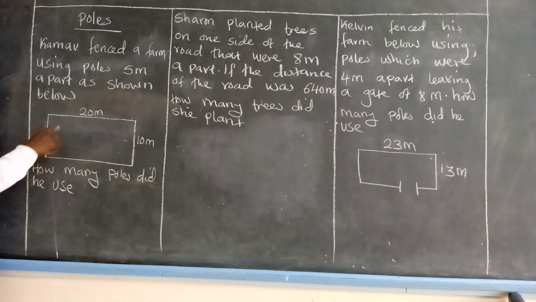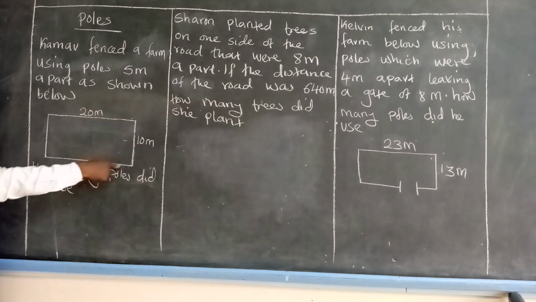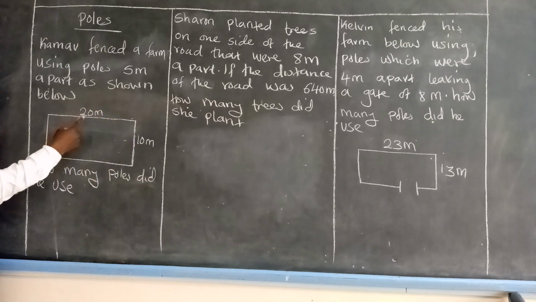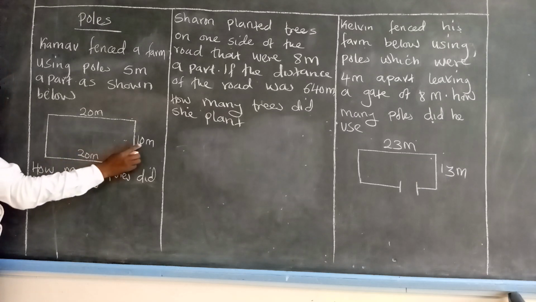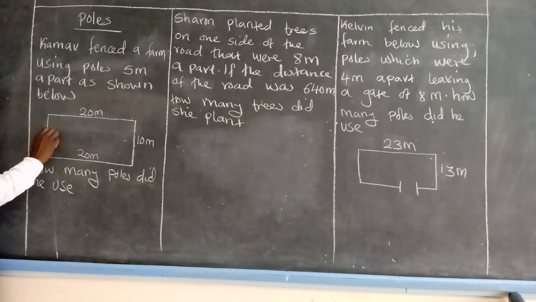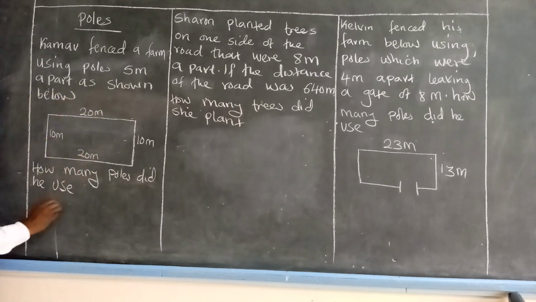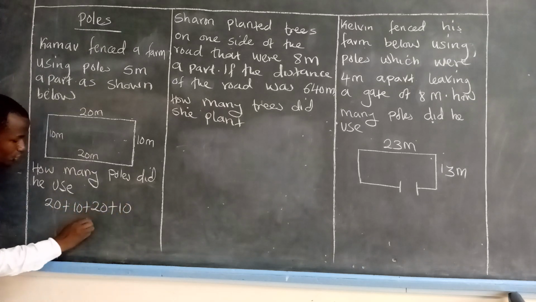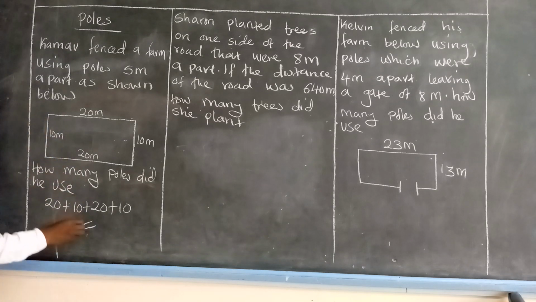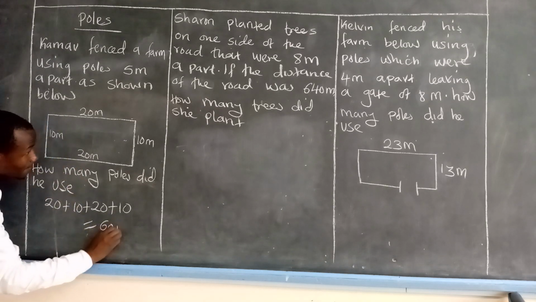It is very simple. First, we find the perimeter, which is the distance around this figure. If here is 20 meters, also here will be 20 meters. If here is 10 meters, also here will be 10 meters. The distance around is 20 plus 10 plus 20 plus 10, so the total perimeter is 60 meters.